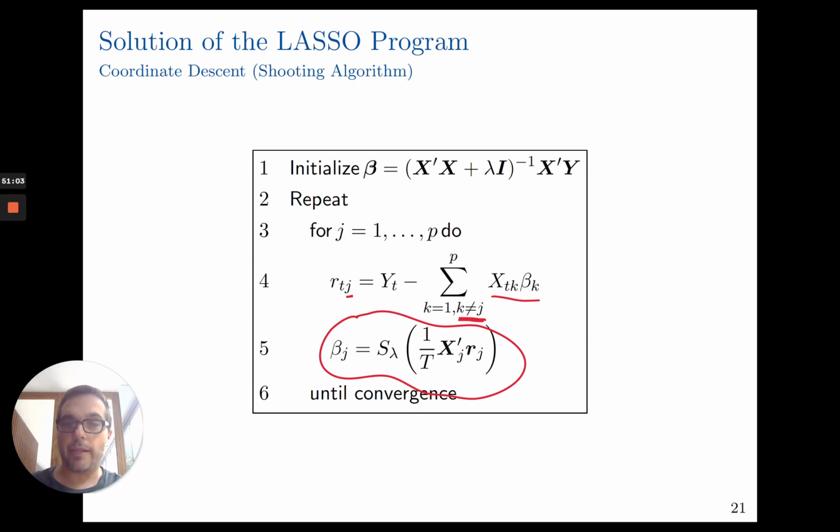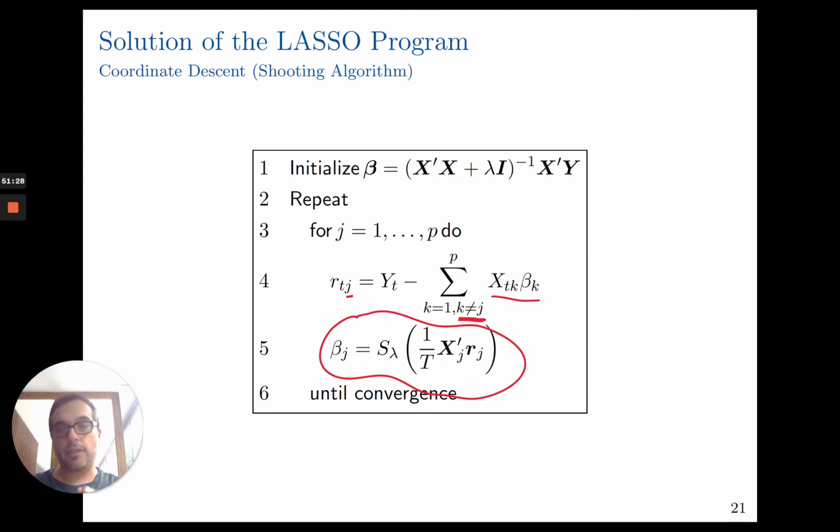You compute the beta, you compute the residuals, and you work with this loop until you stabilize your coefficients. So you are searching for the lasso solutions component-wise, for each component.